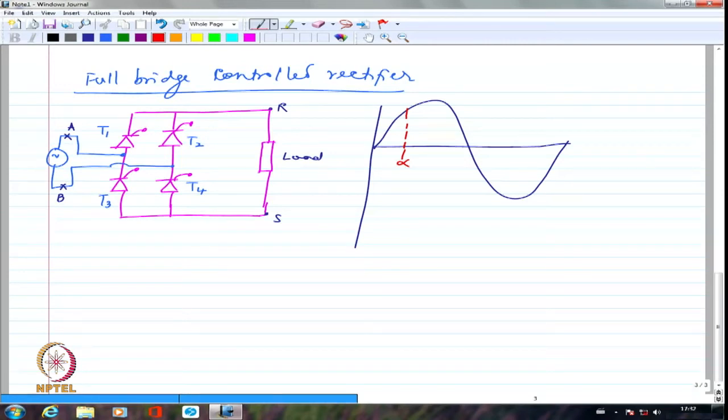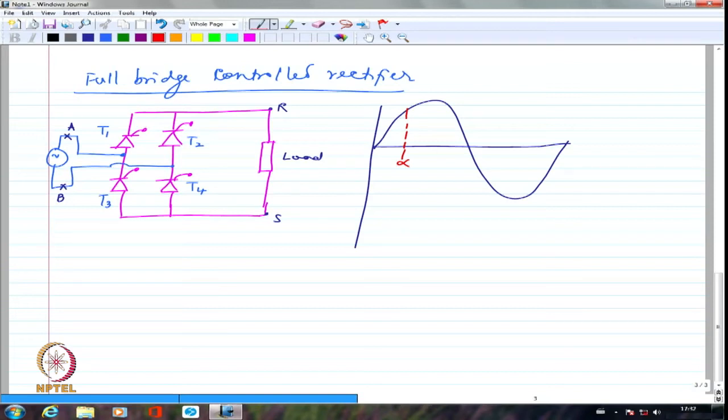I might have had the current carried over from the previous half cycle. That is very much possible. Or I may be starting from 0, depending upon how exactly the circuit is working, whether resistance is dominating, whether inductance is dominating. Depending upon that, I may start off with 0 current or with some finite value of current.